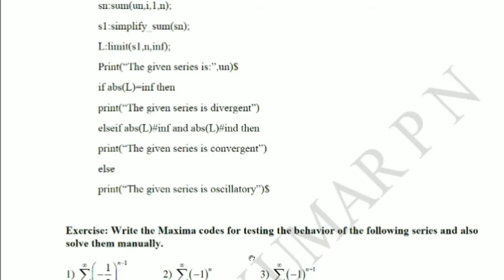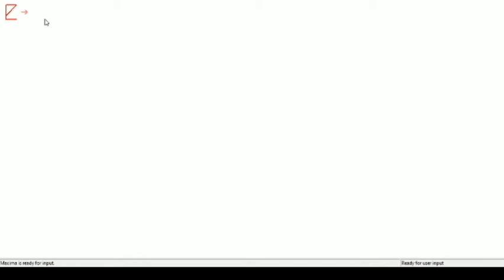Now we'll execute this in Maxima. As usual, we start with kill all. Then, as we discussed, we need to call the nth term of the series. Let's call this one un, 1 divided by i into i plus 1.